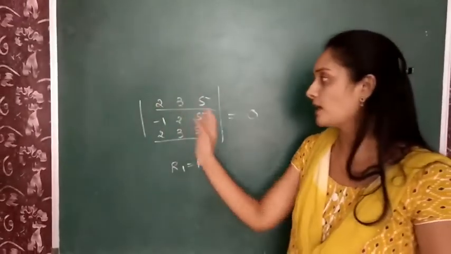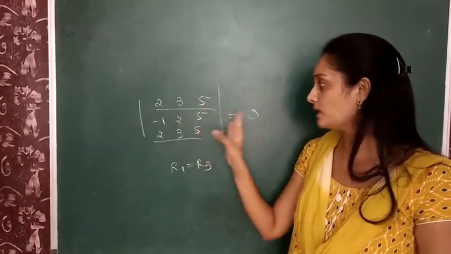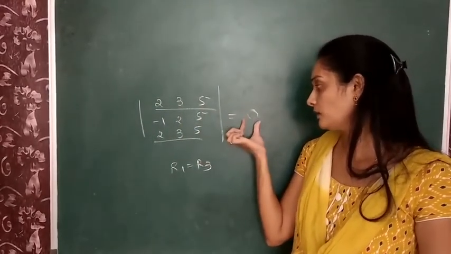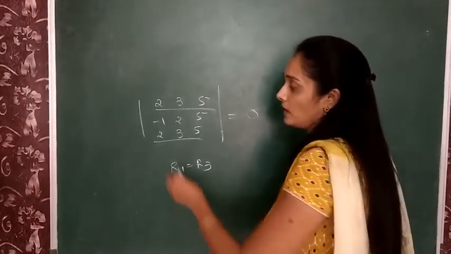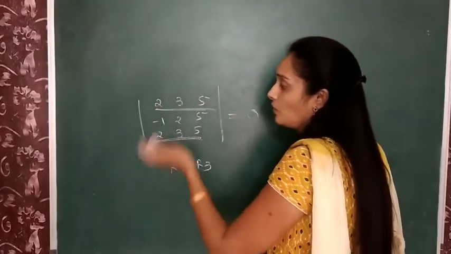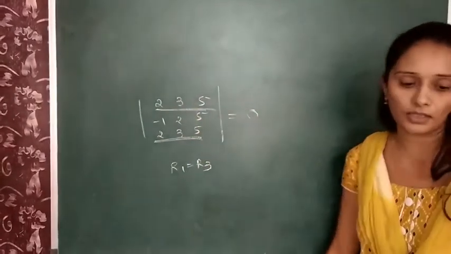We don't need to expand the determinant. If you expand, you will also get 0. So the third property says that if any two rows or any two columns are equal, then the value of the determinant is 0.